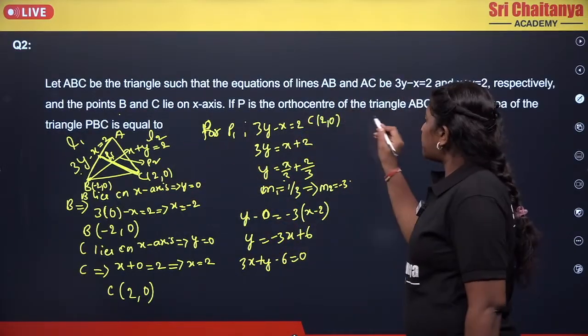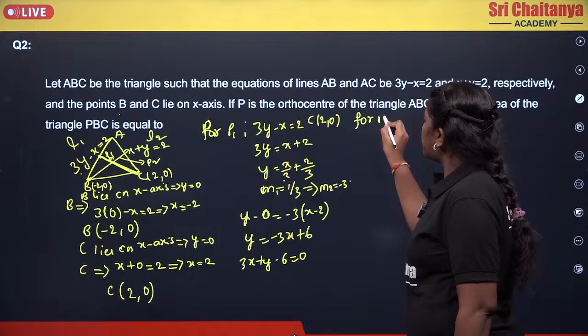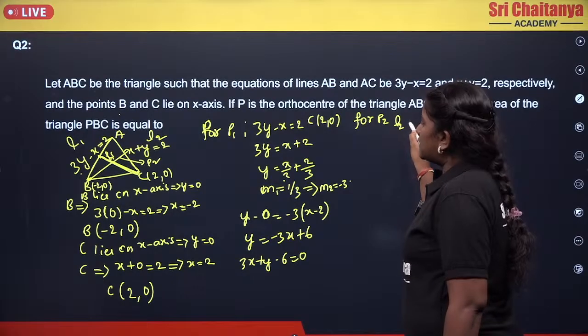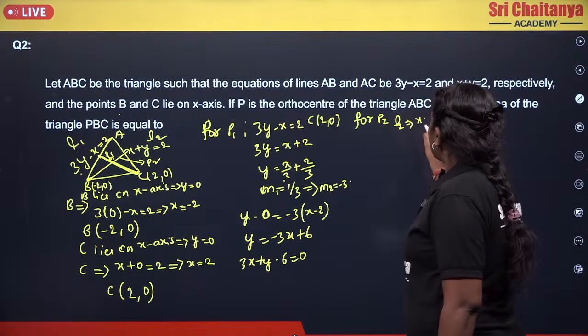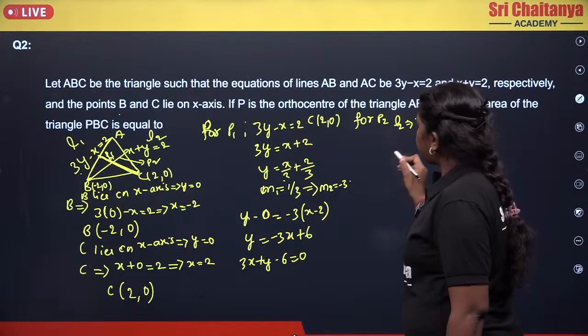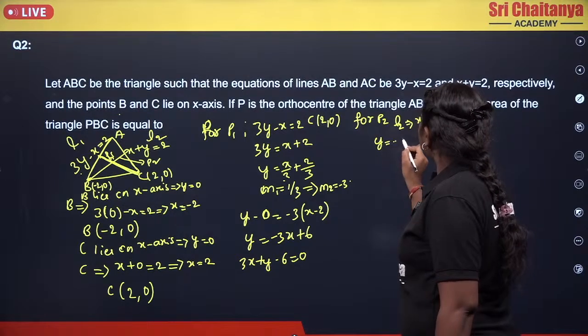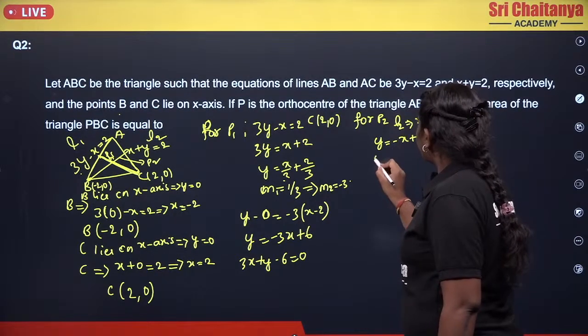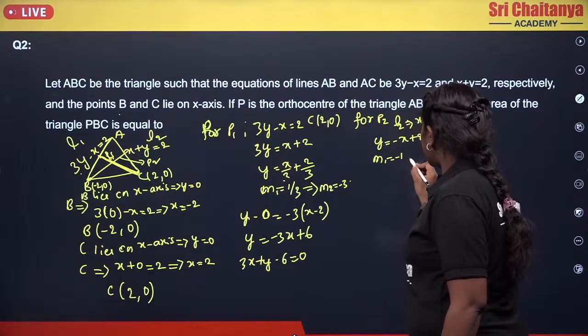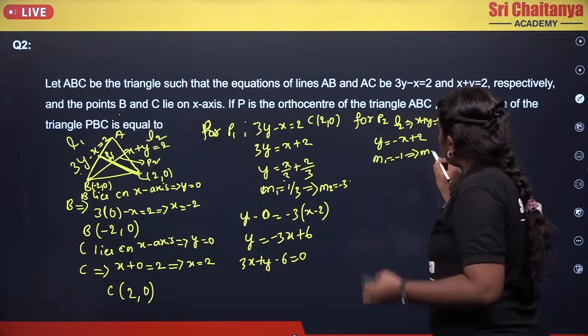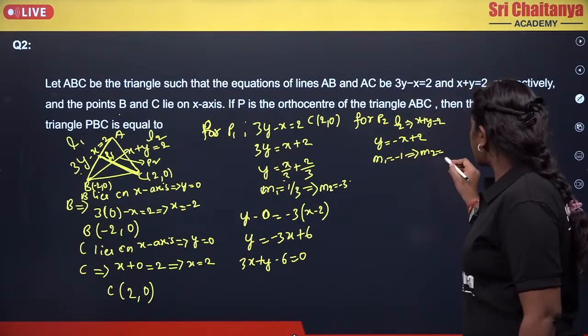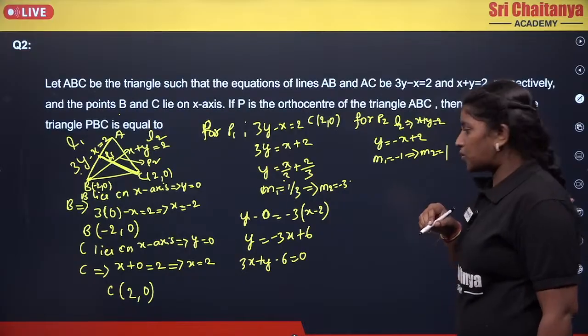Now moving to perpendicular 2. For perpendicular 2, line L2 will be x plus y equals 2. And from there we will get y equals minus x plus 2. From there m1 equals minus 1. And from there you will get m2 equals minus 1 by minus 1, so it will become 1. Okay.